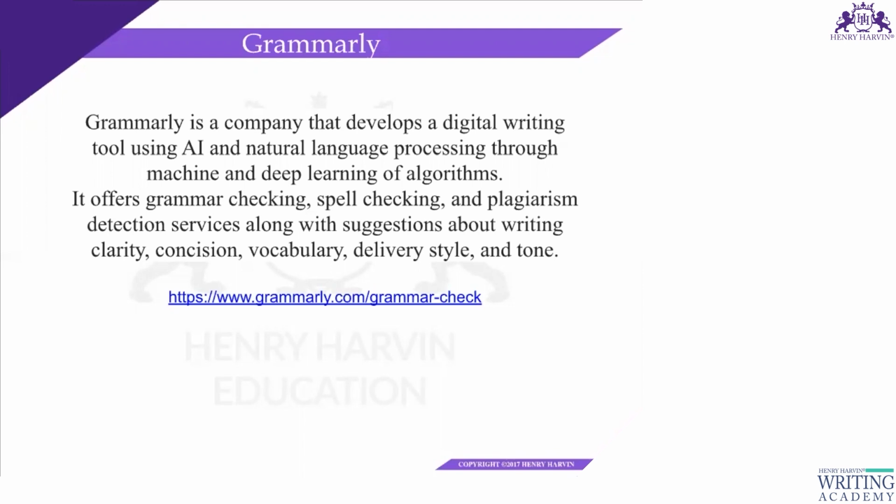All of these little software and websites are what we have gone to in order to better our writing, right? But the most important part is understanding whether the writing is perfect with grammar or not. Grammarly is a company that develops a digital writing tool using artificial intelligence and natural language processing, through machine and deep learning algorithms, right?